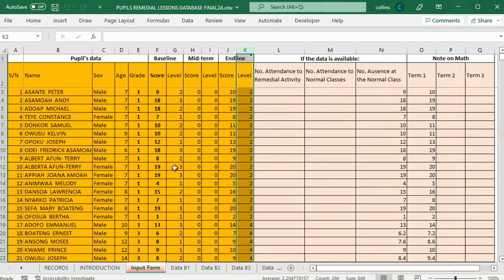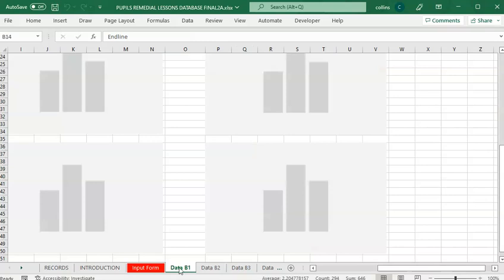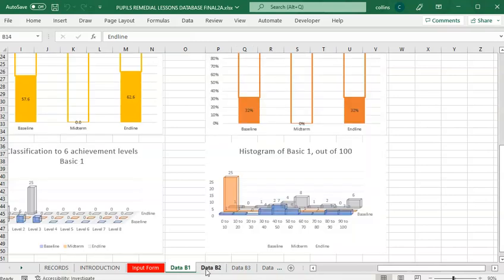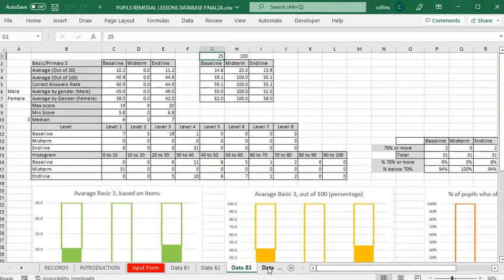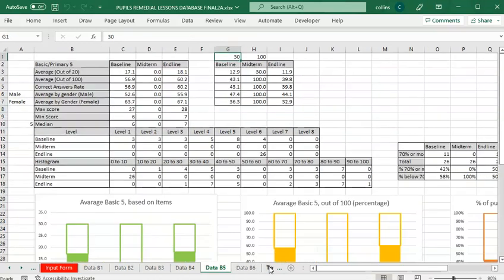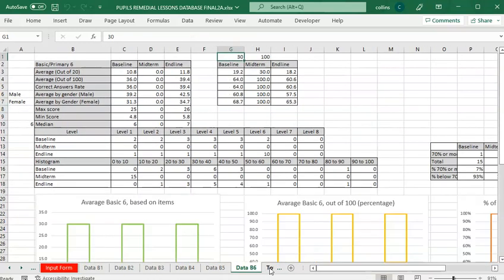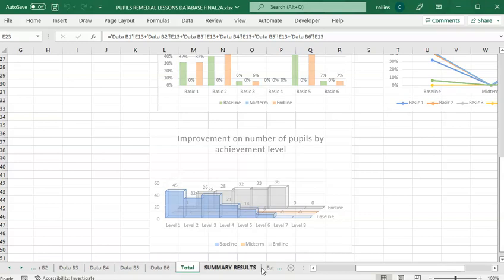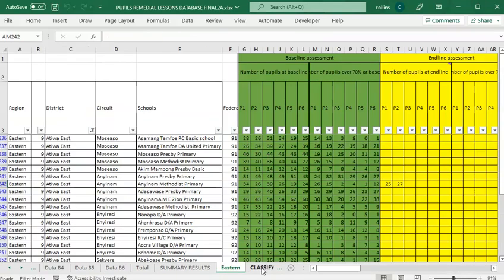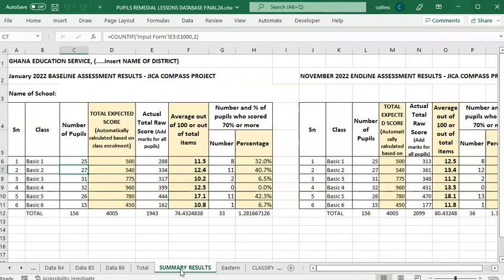All right. Now you have been able to successfully enter all the records for all the pupils in your school from basic 1 to basic 6. Remember that this Excel, as was given, has data for basic 1, basic 2, and results that have been analyzed because some functions are already queued in the template.